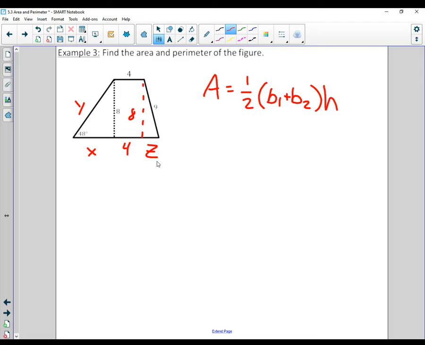How do we find the missing sides of a right triangle specifically?